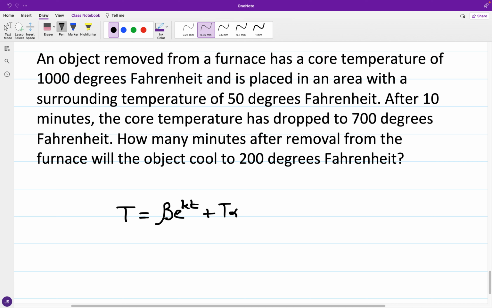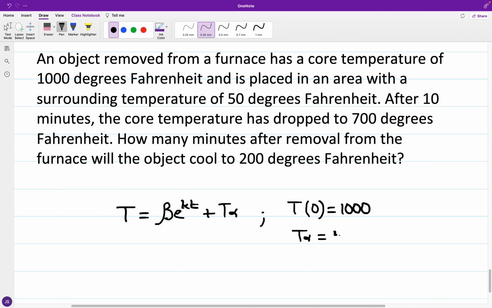Upon removal, some key items of information: at time 0, the temperature of the object is 1000 degrees Fahrenheit. And for the surrounding temperature, that's going to be the ambient temperature.